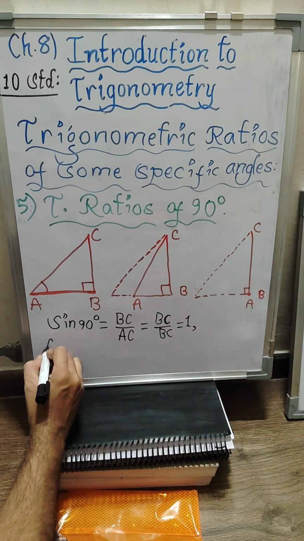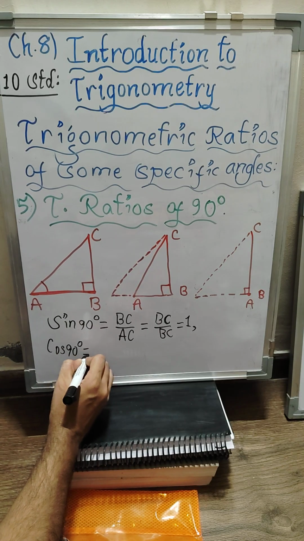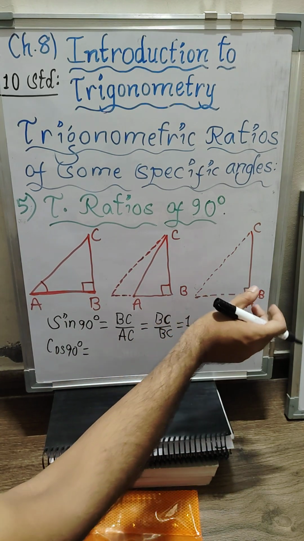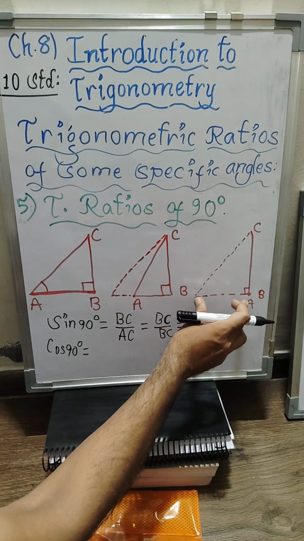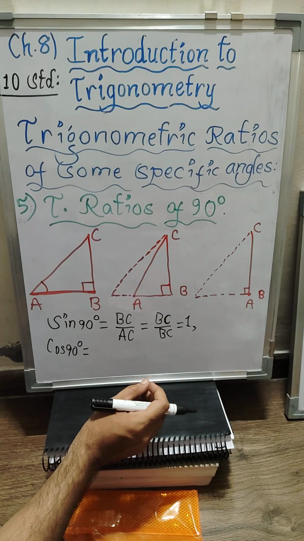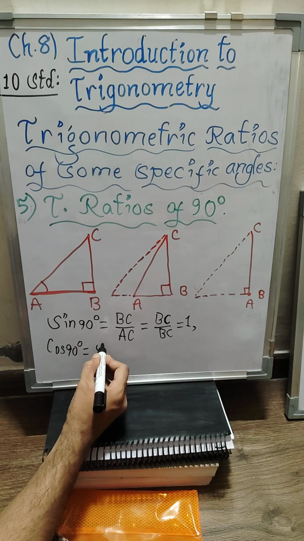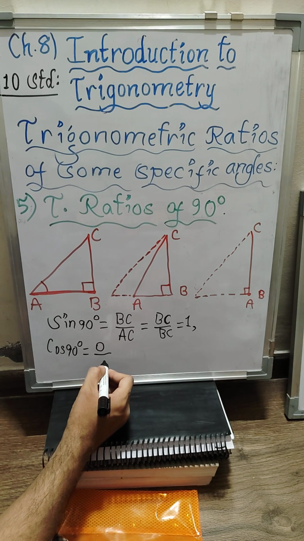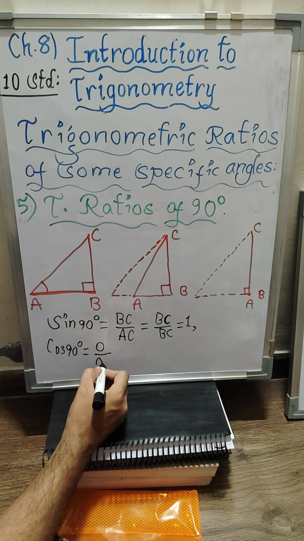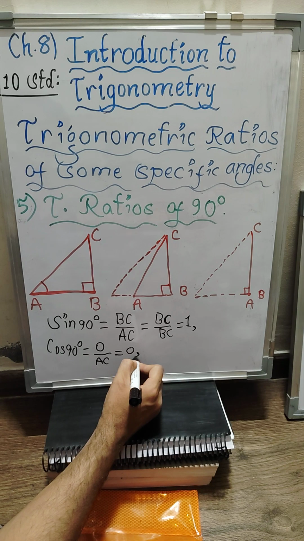Similarly cos 90 degrees is equal to adjacent by hypotenuse. Adjacent value, AB value, is equal to 0 by hypotenuse. Hypotenuse value is AC or BC, you can write anything. 0 by anything is 0 here.